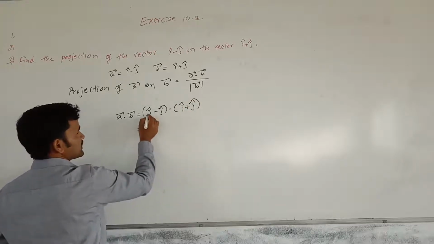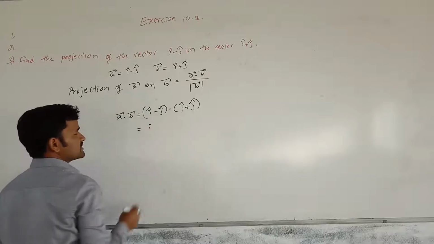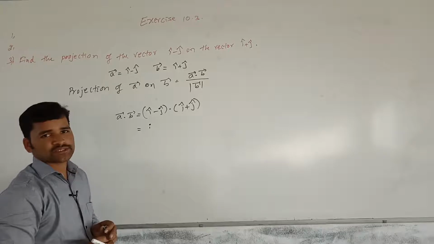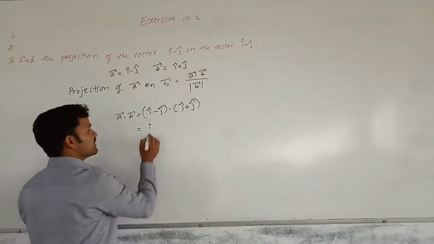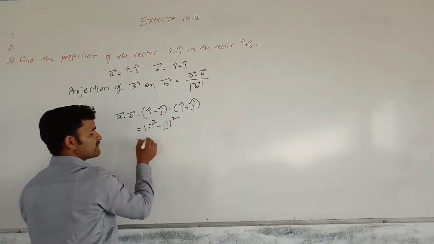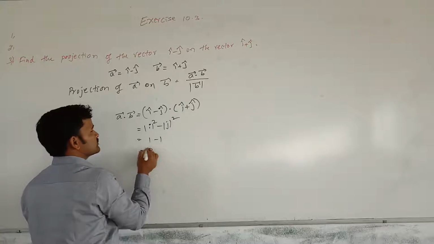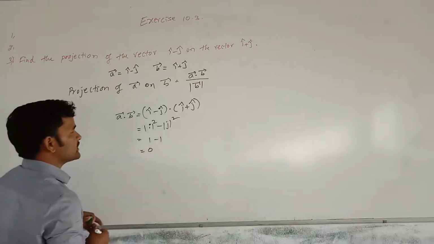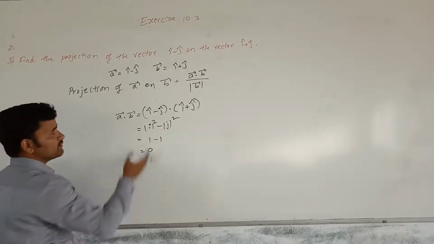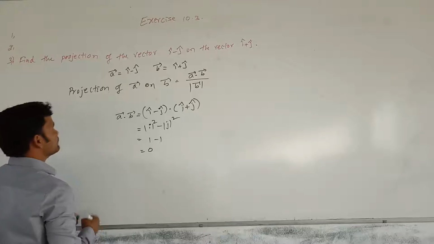It is like the A square minus B square formula, A minus B into A plus B. So I can write magnitude of i square minus magnitude of j square. What is magnitude of i? 1. What is magnitude of j? 1, because those are unit vectors. So A dot B is 0. No need to find out magnitude of B then, since the numerator is becoming 0.